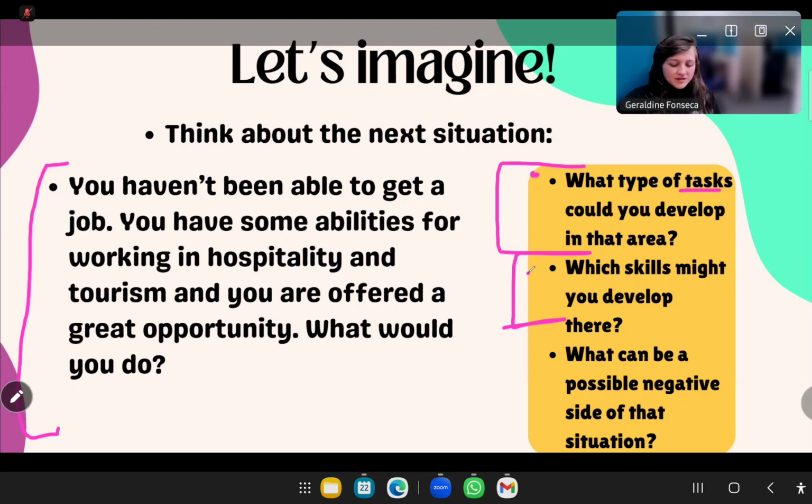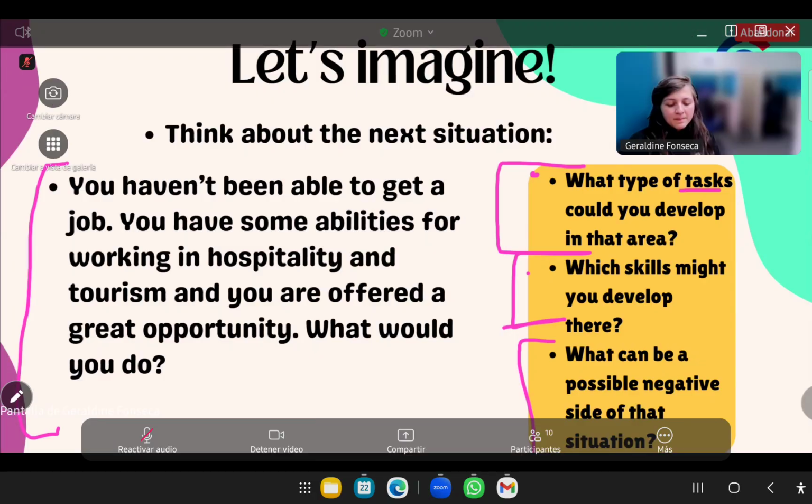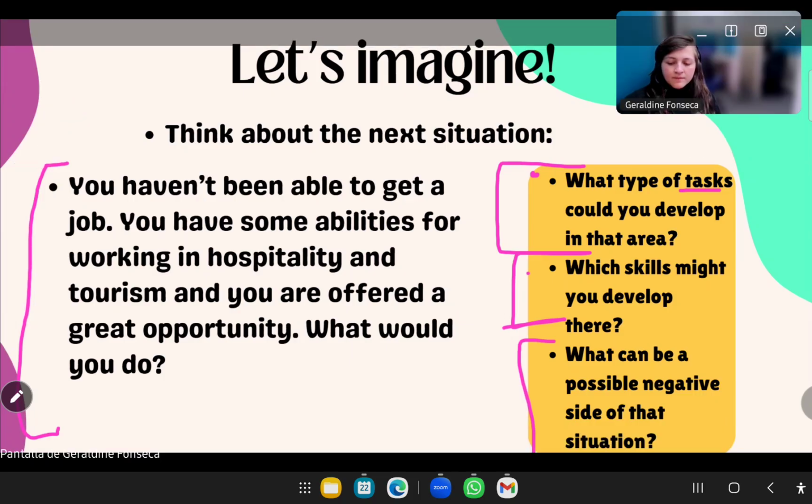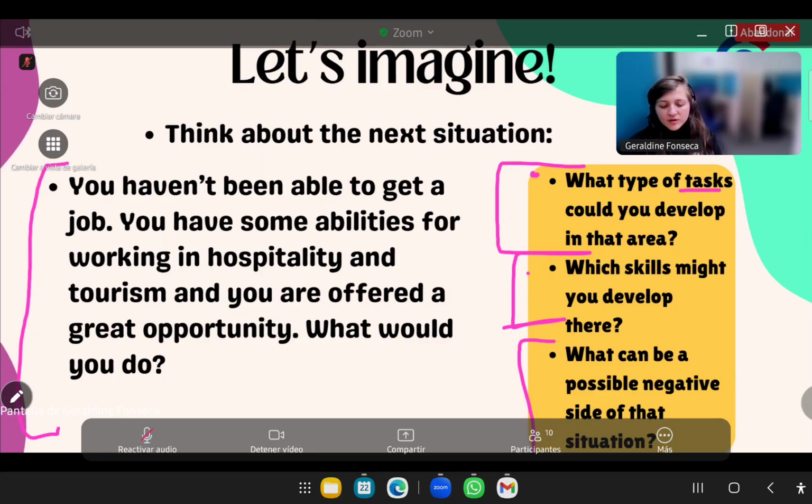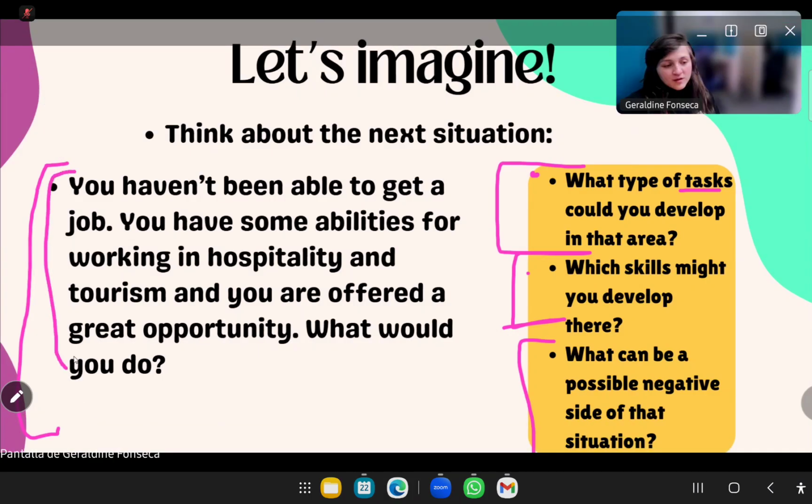Which skills might. And Carolina, help me with the last question, please. Could be a possible negative side? What could be a possible negative aspect of this hypothetical situation? Okay. So you would talk about that.